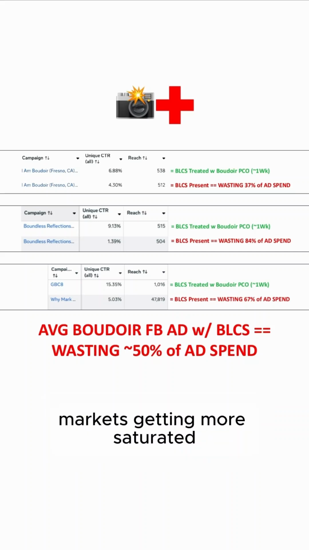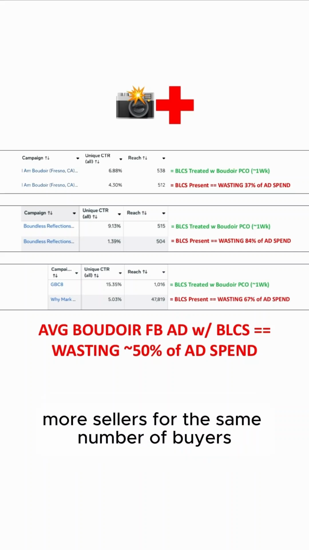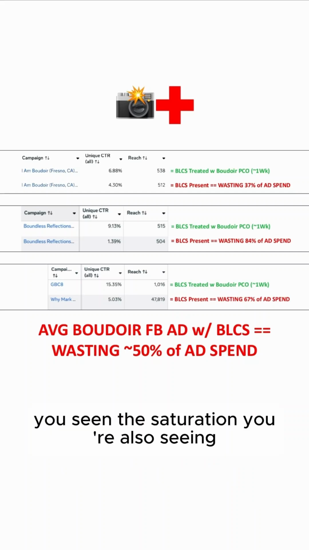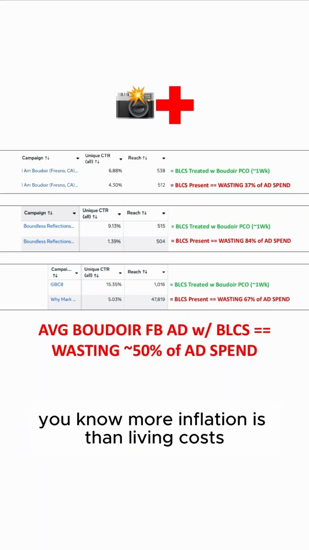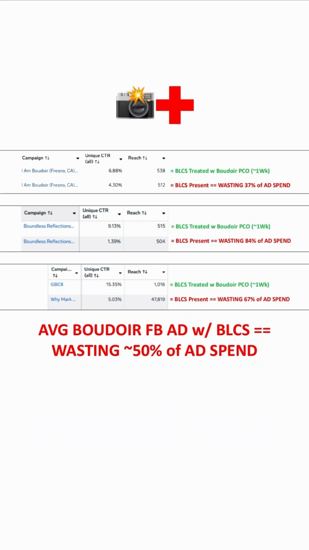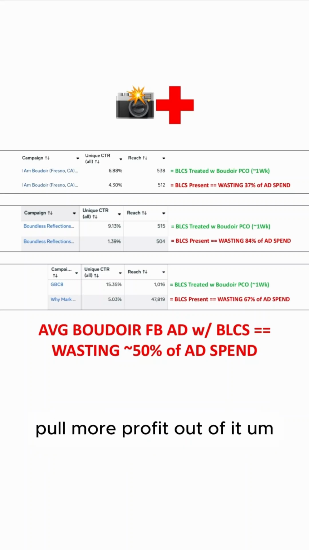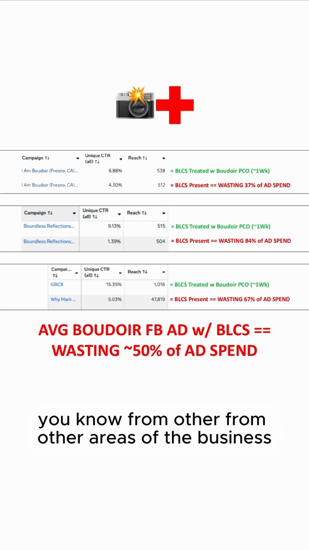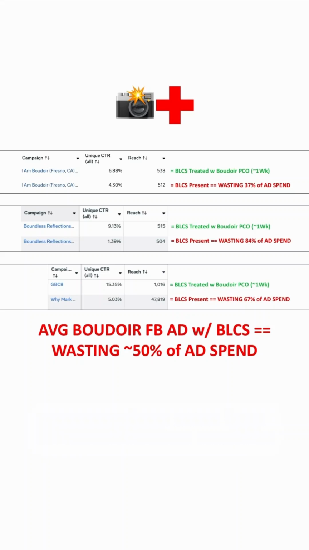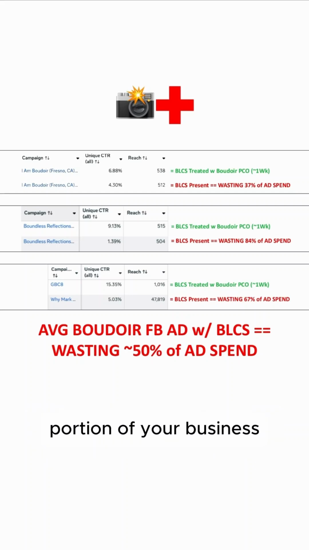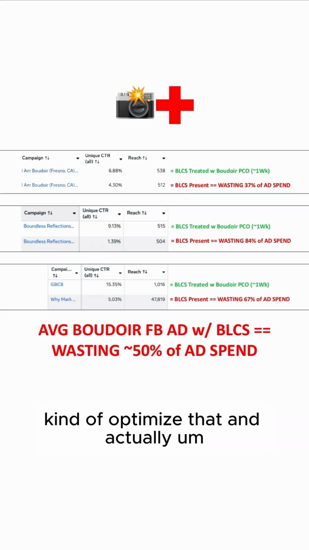So the market's getting more saturated, more sellers for the same number of buyers. They're becoming more competitive. You've seen the saturation, and you're also seeing more inflation and living costs. And you're already taking steps to optimize your current business, pulling more profit out of other areas of the business. You've decided now you're ready to pull profit out of the Facebook ads portion of your business, to optimize that.